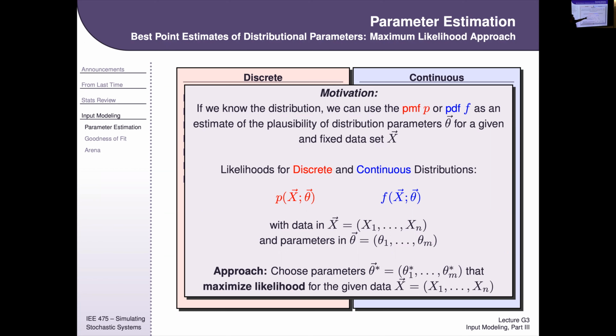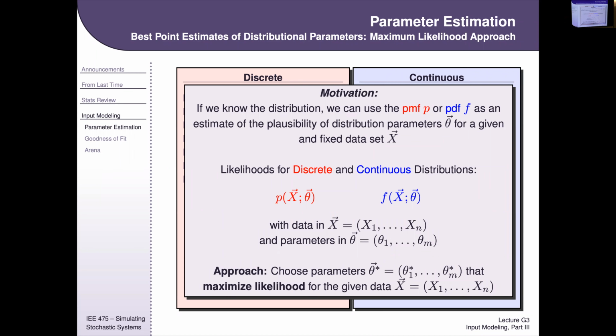Now, we've got the parameters, which I've got as theta for those distributions, but I've also got the data that I've sampled. Normally we think, I've got parameters, and then I can ask what's the probability I get these data? But when I cast these as so-called likelihood functions, it's the reverse.